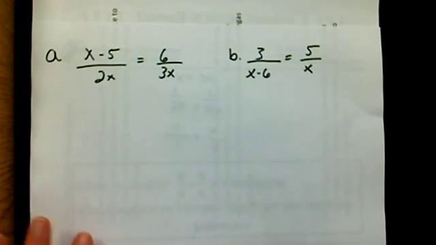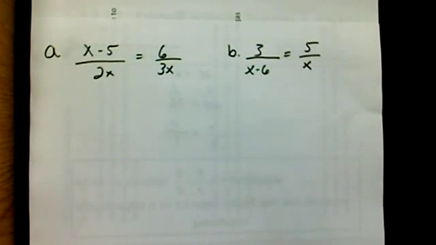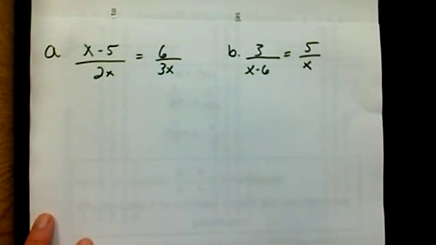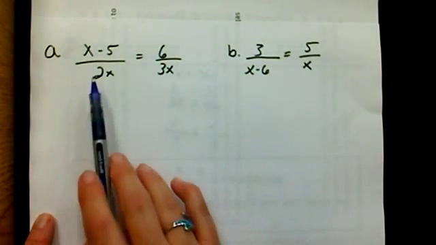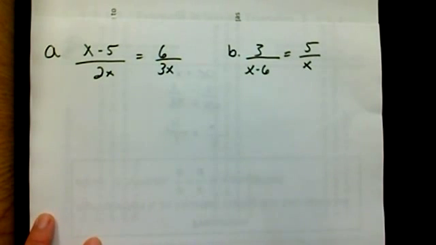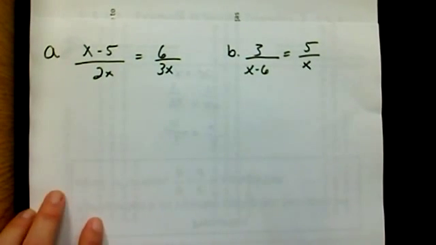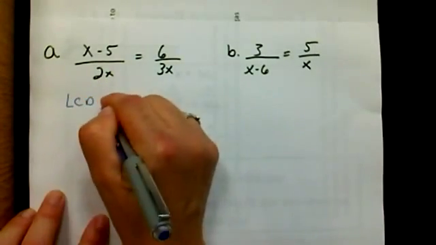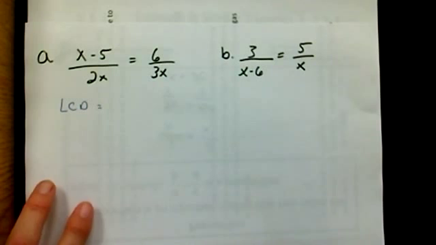If I said, okay, look at this first one and tell me what X is going to be, can anybody tell me? Probably not, because it has two different pieces that you're working with. So what we need to do to solve it is still find an LCD. What would be my common denominator?